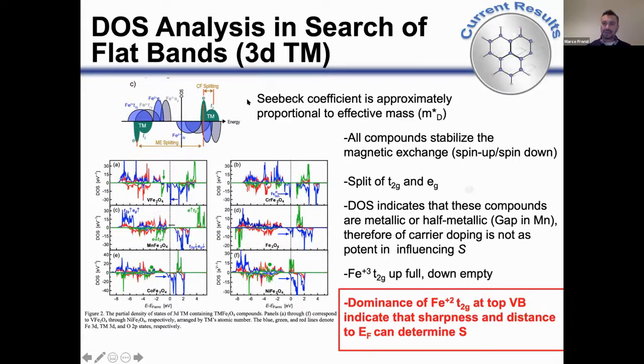But the dominance of Fe2+ t2g at the top of the valence band indicates that sharpness and distance to the Fermi level can be crucial in determining the value of the Seebeck coefficient. So we are looking at small, very sharp states close to the Fermi level, and Fe2+ is crucial to this.